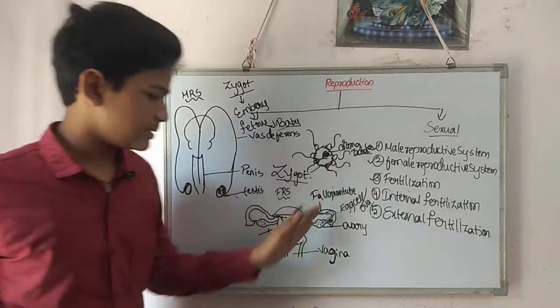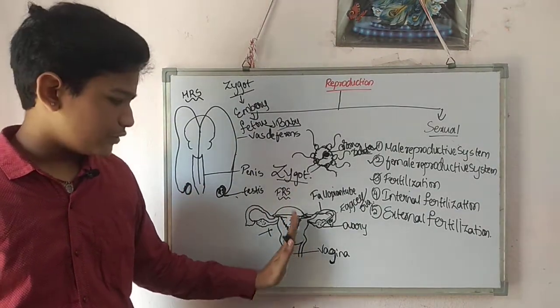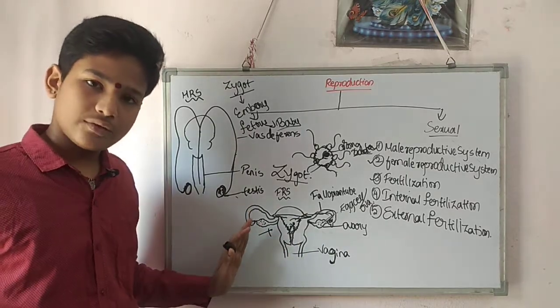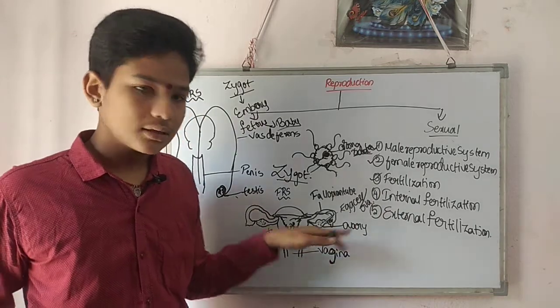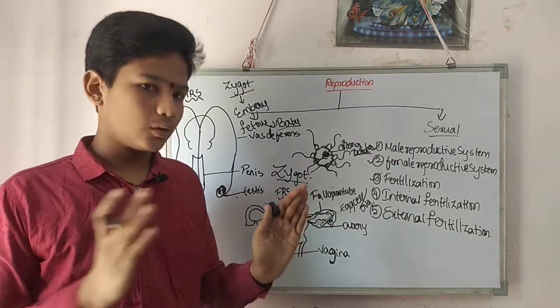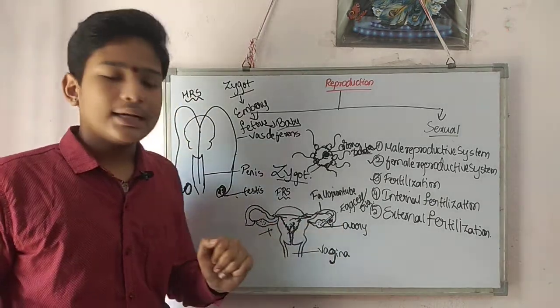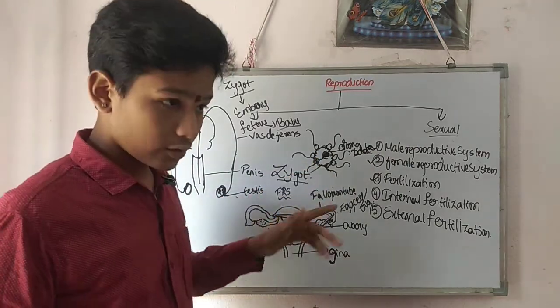Internal fertilization is this: the sperms enter into the female reproductive system and go into the two fallopian tubes. If the sperms go into the wrong fallopian tube, they will die. Remaining sperms go into the correct fallopian tube, and near the ovary, the ova is released, and the sperms are outside of the ova.